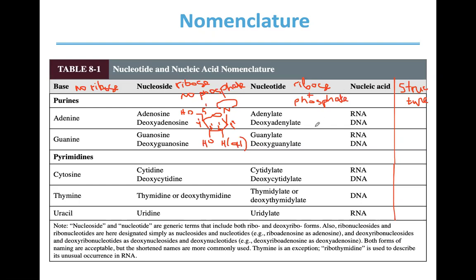So we have ribose, base, oxygen, and phosphate.